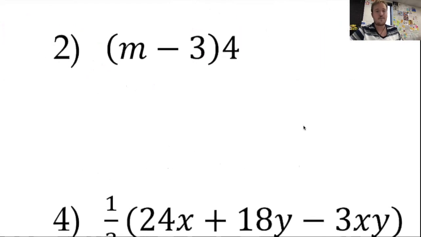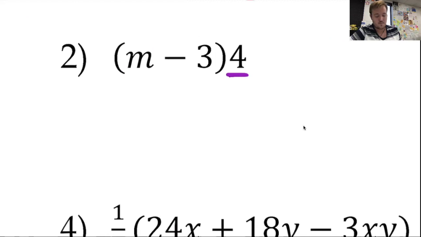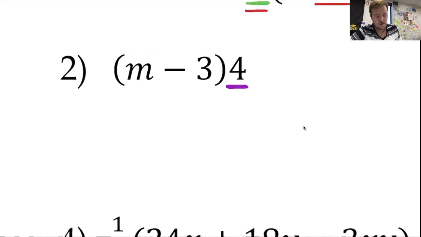Looking over here at the next one, this one's a little bit different. In this case, we have a 4 on the outside of the parentheses. However, instead of it being on the left side, it's on the right side. Just because it's on the right side, it doesn't really change the problem too much. It just means we're distributing something that's on the right side. You're not going to see this too often, but every now and then you will.